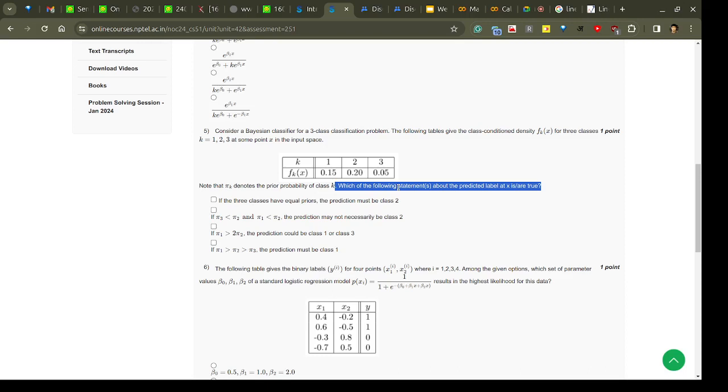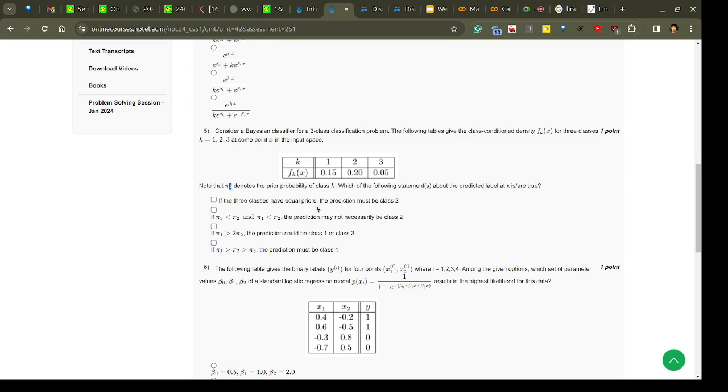Okay, so you are given this table, which indicates the probability of class k at point x, and at the weighted level you have to find which of them are true, where pi_k denotes the prior probability. Okay, if the 3 classes have equal priors, the prediction must be class 2.